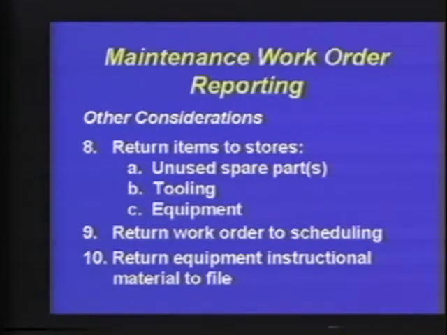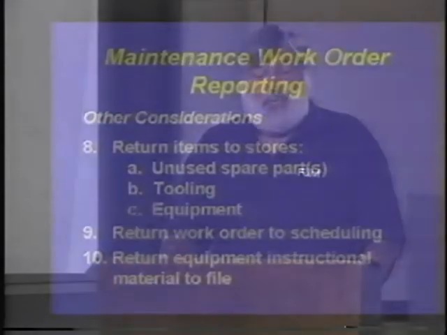And then, as item 10 indicates, did we return any of the equipment, instructional material to the file? And that would be the data that was issued out relative to supporting a particular maintenance task.